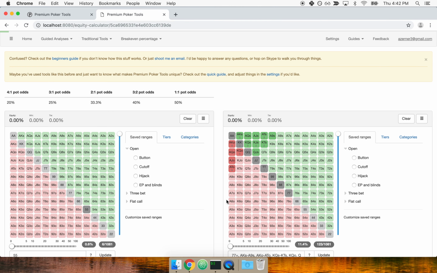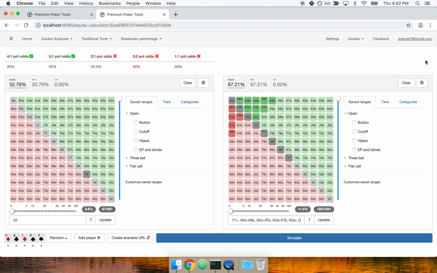When your friend clicks on it, or whoever in 2+2 clicks on it, they're going to see the same screen as you. So you don't have to describe exactly what the board cards are, what you think their range is, all that. You post it and they see the same screen as you, and then they can play with it. If they disagree with your assumption, they might say, I think that they have all their pocket pairs, and they can simulate and see for themselves how that changes things.